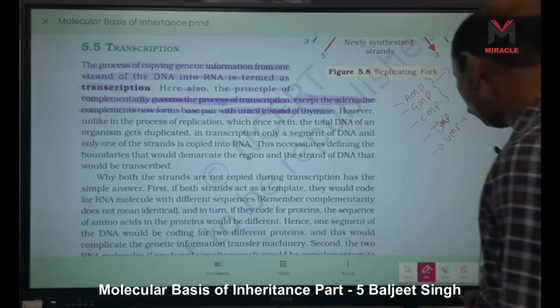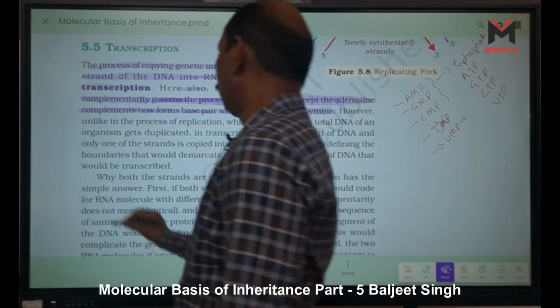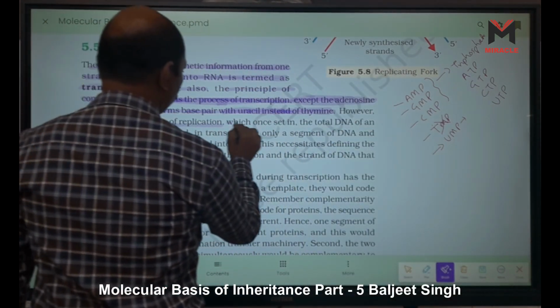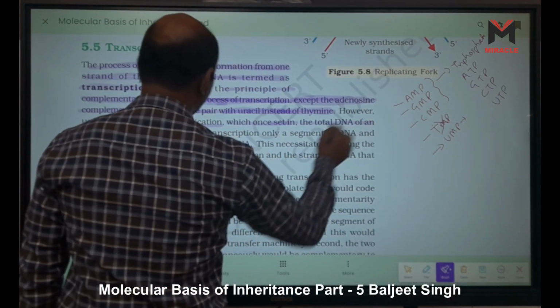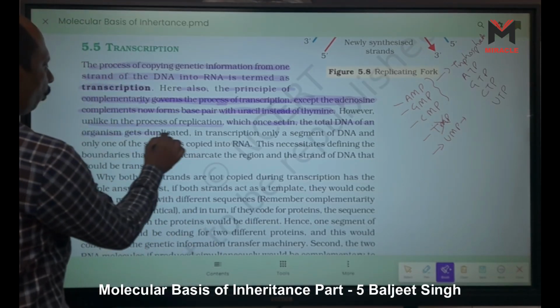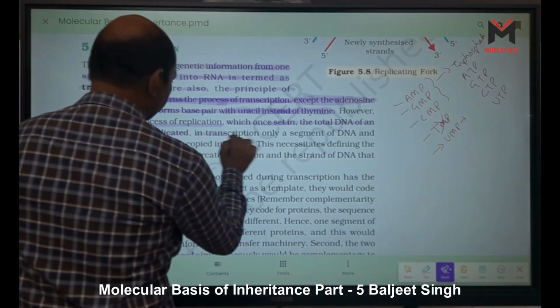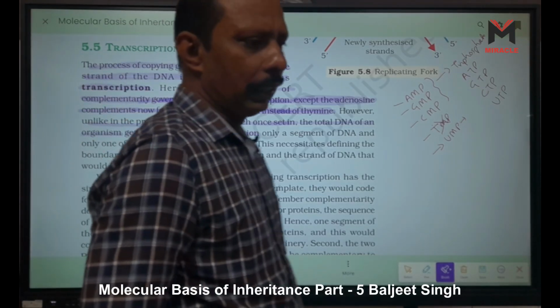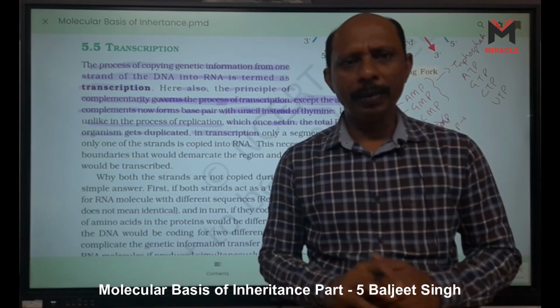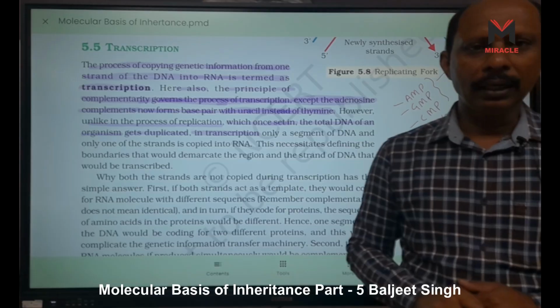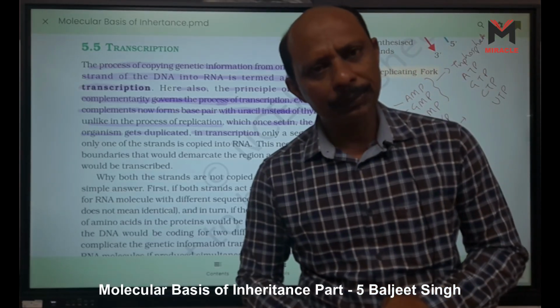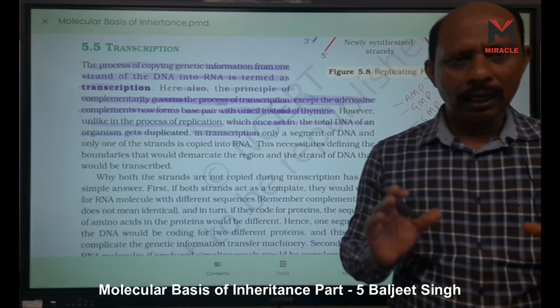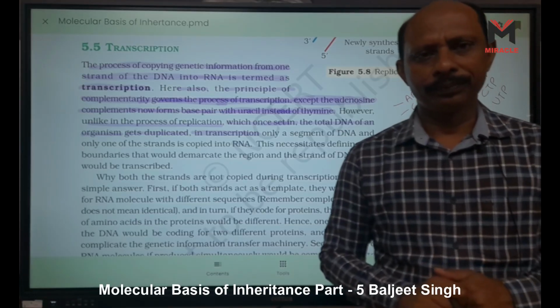Okay, now see this one. Unlike replication, in which the total DNA of an organism gets duplicated, in transcription we know very well that the euchromatin part of DNA is responsible, because it is transcriptionally active.